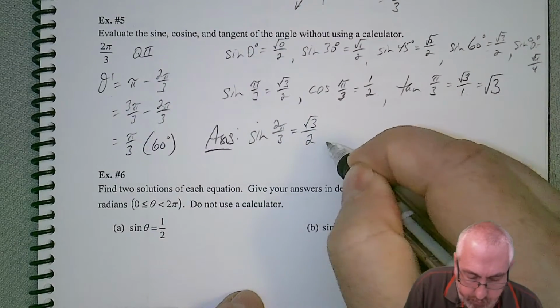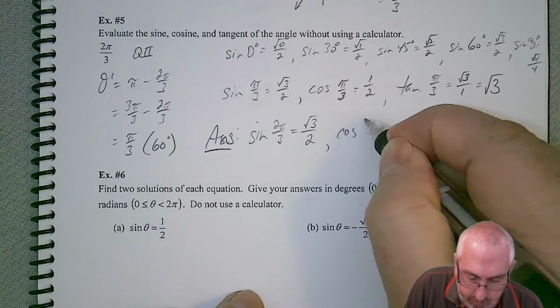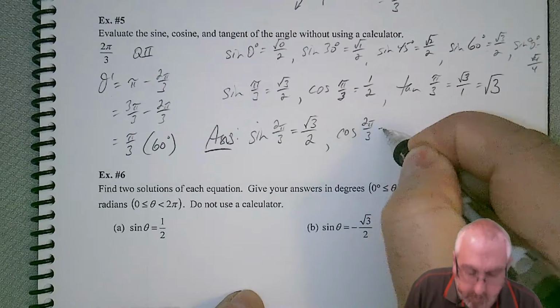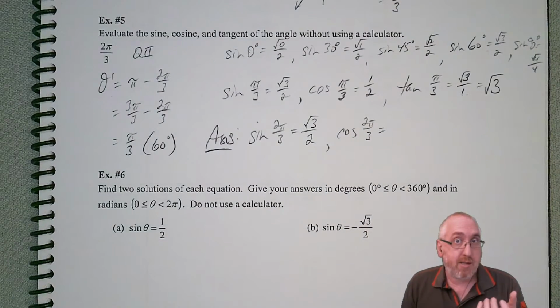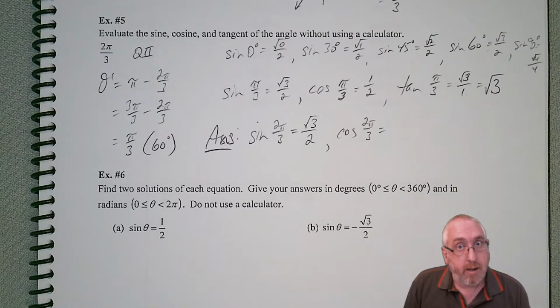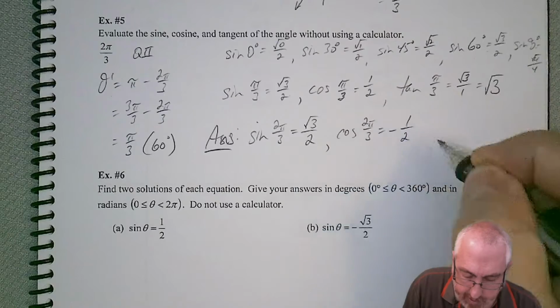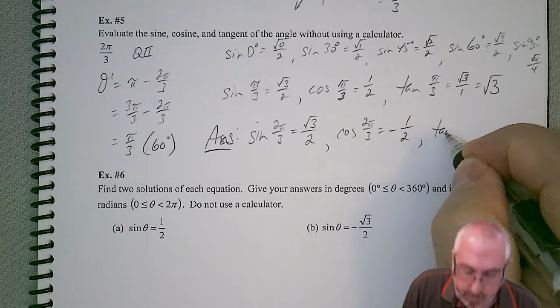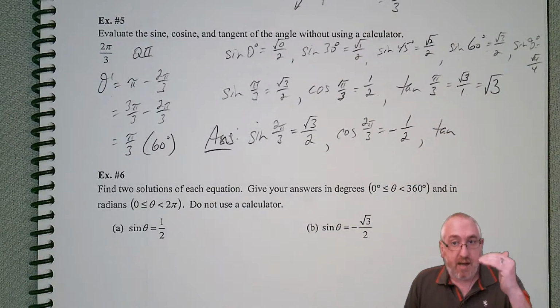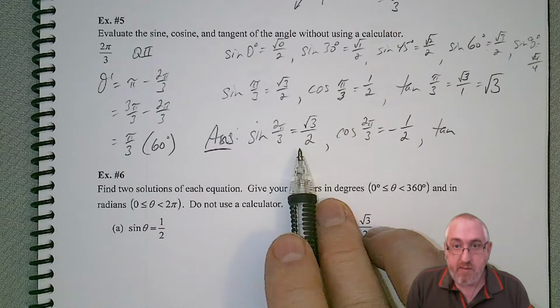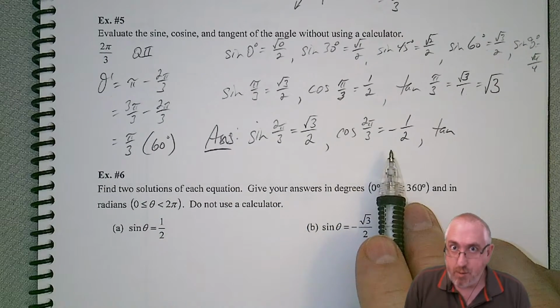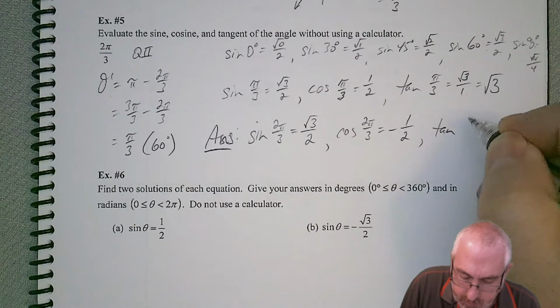Square root of 3 over 2. Cosine of 2 pi over 3: cosine deals with the x's, and the x's are negative in the second quadrant. So we need to negate this 1/2. And then tangent. Well, if it's sine over cosine and one of them's positive and one of them's negative, that forces tangent to be negative as well.